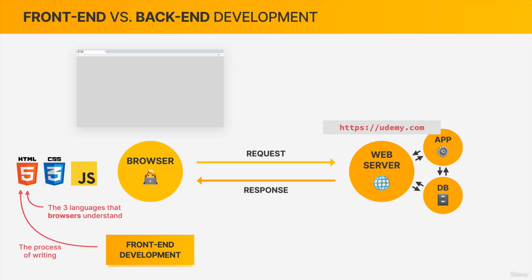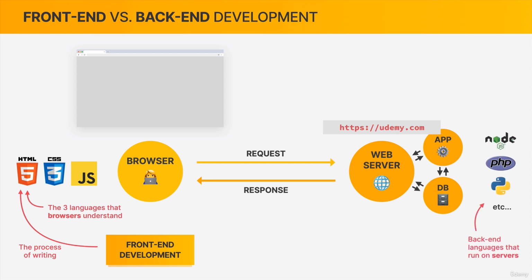Now, to do all this, front-end technologies like HTML and CSS are simply not enough. So basically, with what you're going to learn in this course, you're not going to be able to build something like udemy.com. All right?